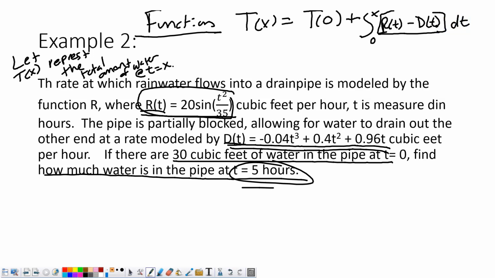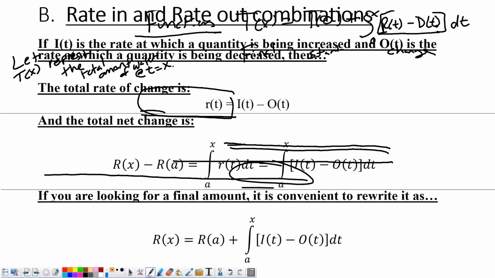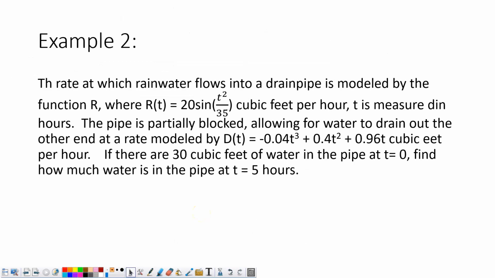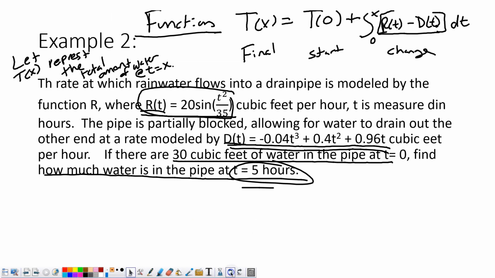So we have our final. We have our start. And we have our total change. And this is the rate in. This represents the rate in, and this represents the rate out.